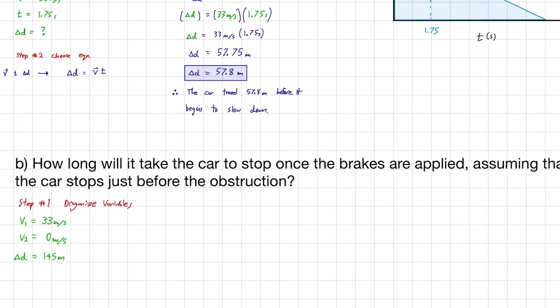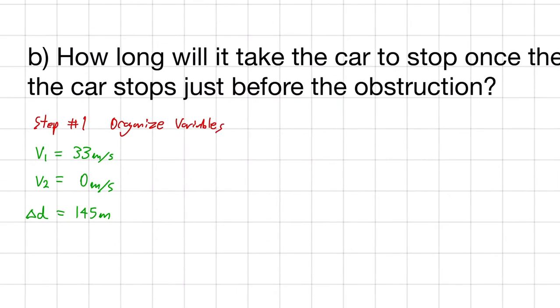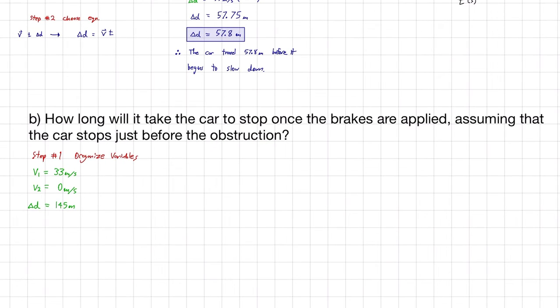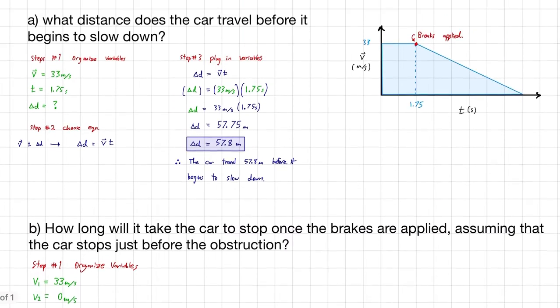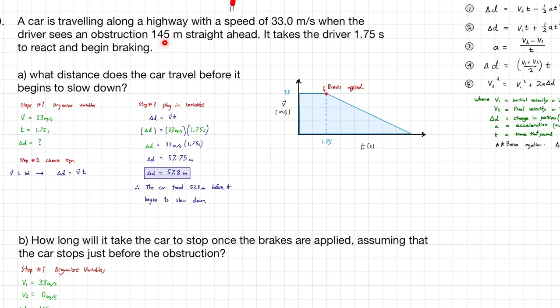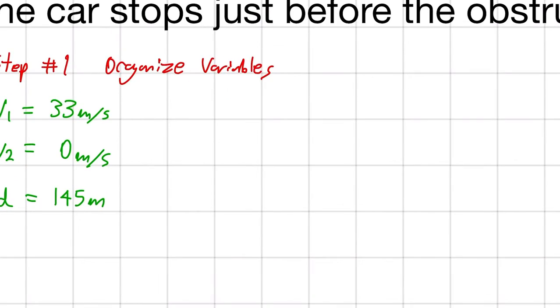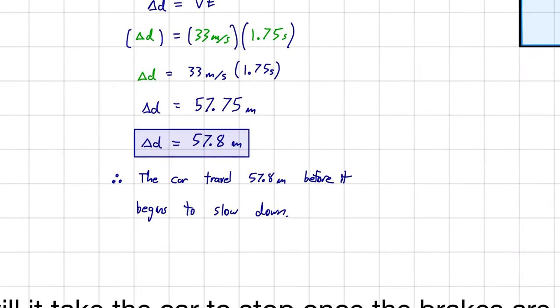What I want you to notice is that once the brakes are applied, we've already traveled a certain amount of distance. So once the brakes are applied, the obstruction is no longer 145 meters away. It's going to be a little closer because some distance has been traveled. So we have to subtract this distance.